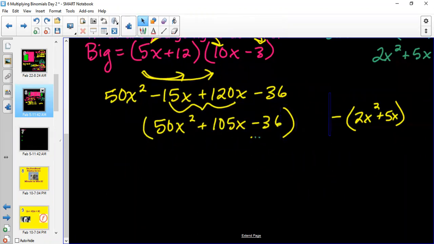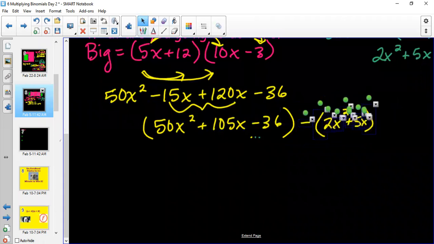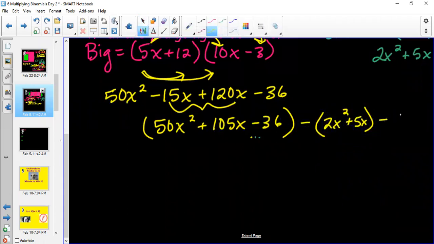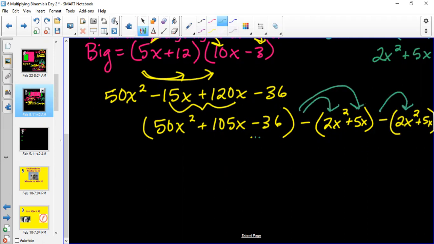There we go. All right, so subtract it now twice. 2x squared plus 5x. Okay, so something to be careful about is distributing the negative, and I have to do this twice. So I'm going to have a minus 2x squared and a minus 5x. Again, a minus 2x squared and a minus 5x.